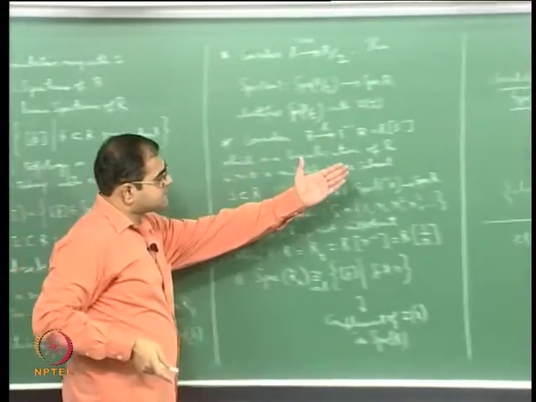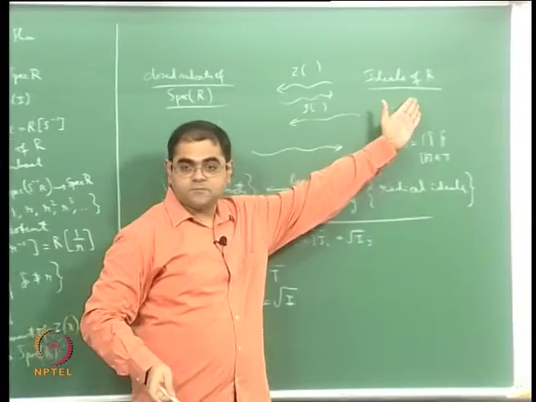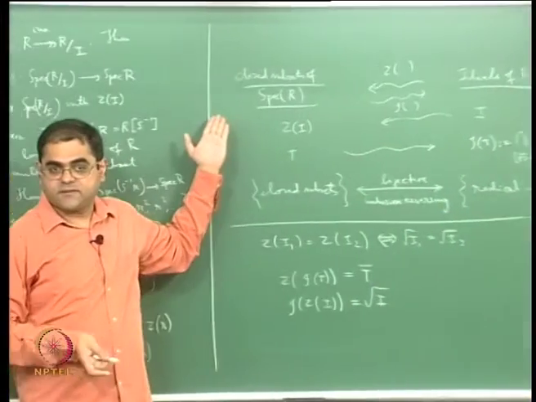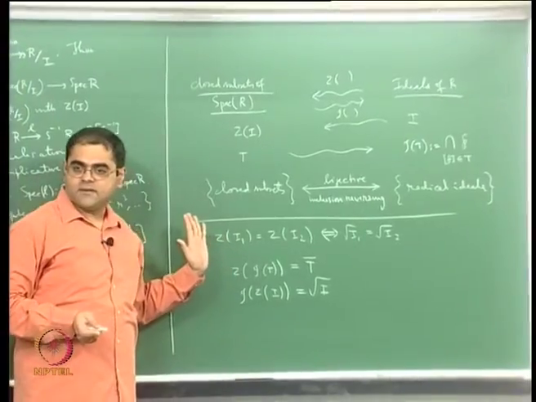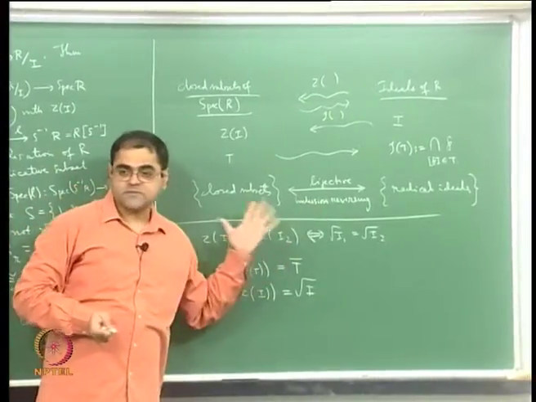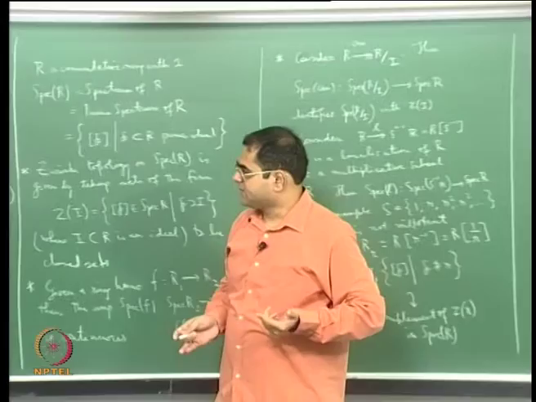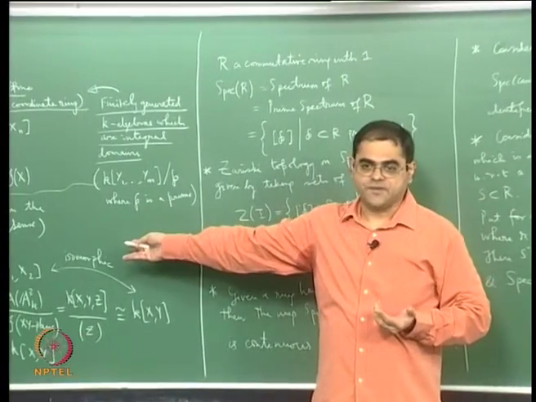But in this case you are starting with a ring, cooking up a space using that ring, namely the spectrum, and you still get this beautiful correspondence with all these properties which are very analogous to what you got in the other case.